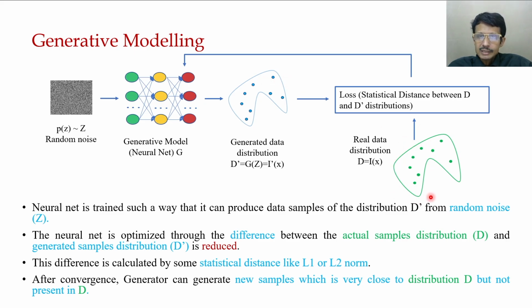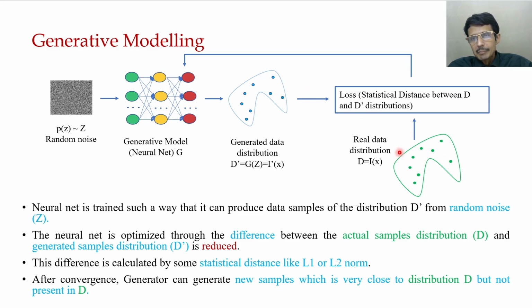Once you see this, this is a real data distribution, fine. But what we are generating, these samples are not exactly similar to this, some of the samples.